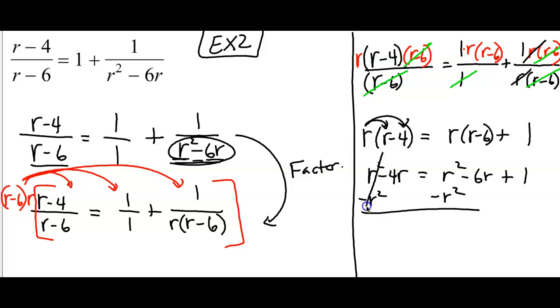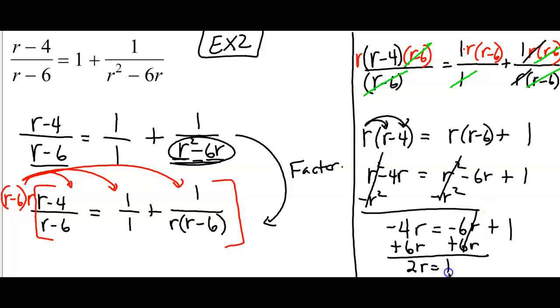On the other hand, that's sad for me because I wanted this to be something else. But, oh well. I'll put my r's together as well. And then we divide, and we get r equals a half.